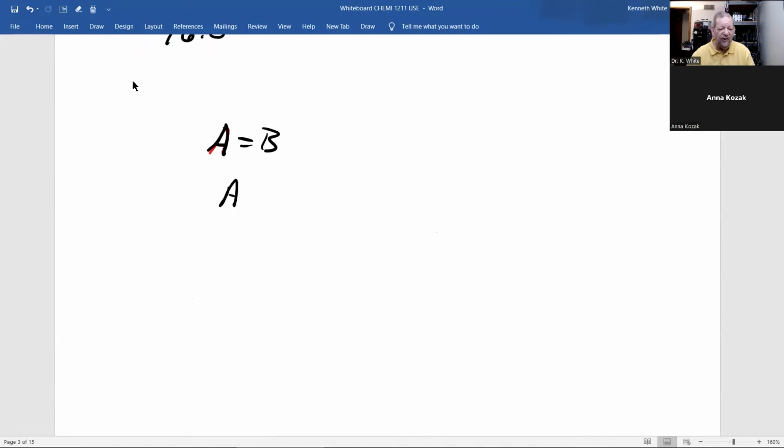When this is the case, you also know this is true: A over B, and not equal, they're separate, B over A. Whenever you have 2 things equal to each other, there are 2 ratios.